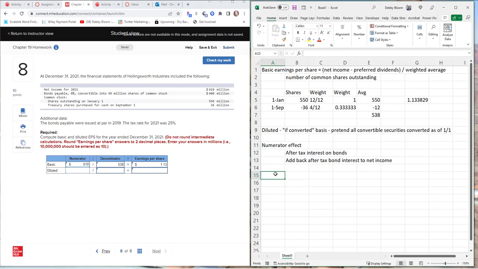So since the bonds were issued at par, the annual bond interest is going to be 8% multiplied by the par value. The 8% comes from the description of the bonds. So notice that they're given that they're 8%. So our annual bond interest is going to be 8% multiplied by the par value of the bonds.